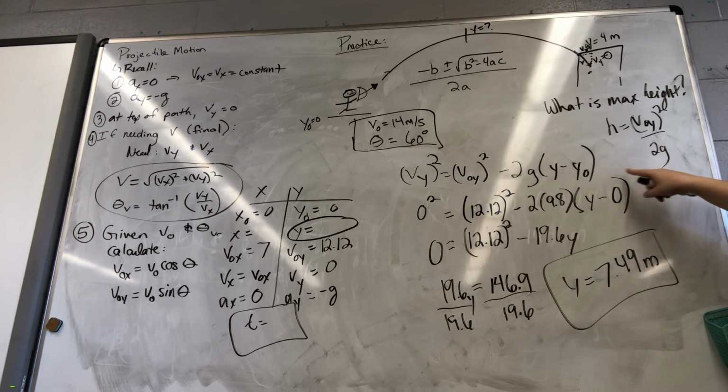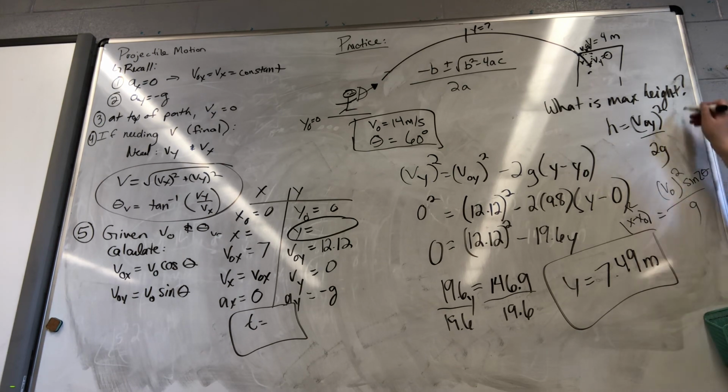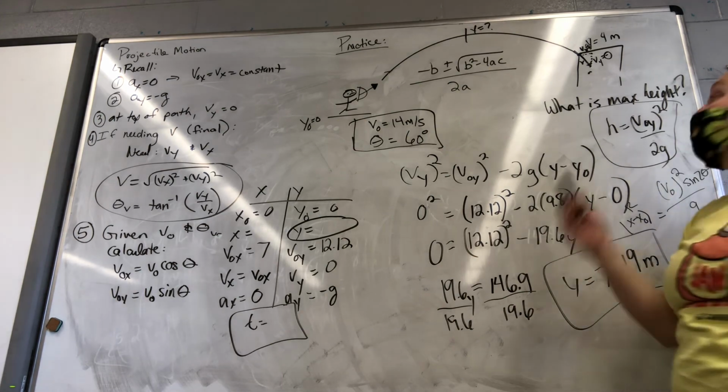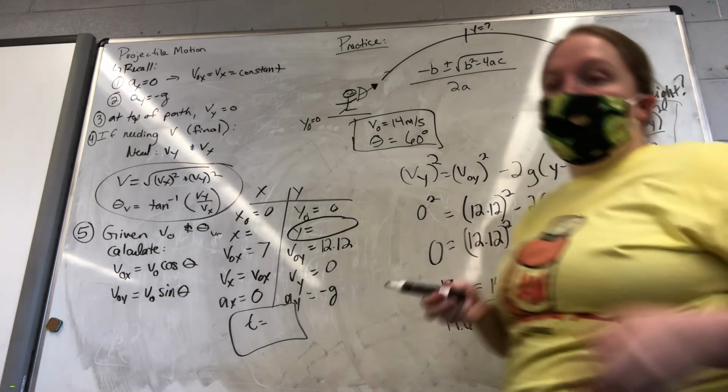You can only use the range formula when you have initial velocity and angle in order to get total x, because x minus x naught is what we call range. So, whenever they ask you for the max height, you can use the H formula, absolutely, provided you have initial y. Right? Okay.